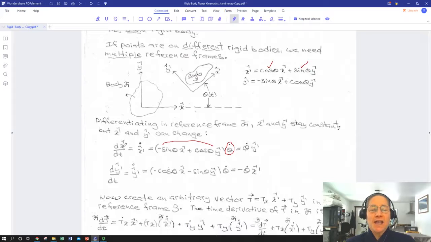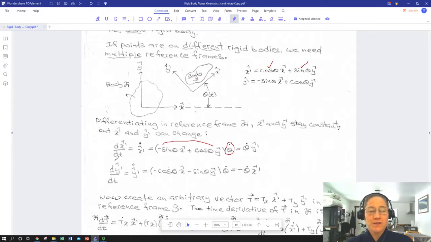So our x prime hat dot, or the first time derivative of the unit vector for body B with respect to time, is the rotation rate of the angle that body B's reference frame makes with respect to body F times the y-coordinate unit vector for body B.